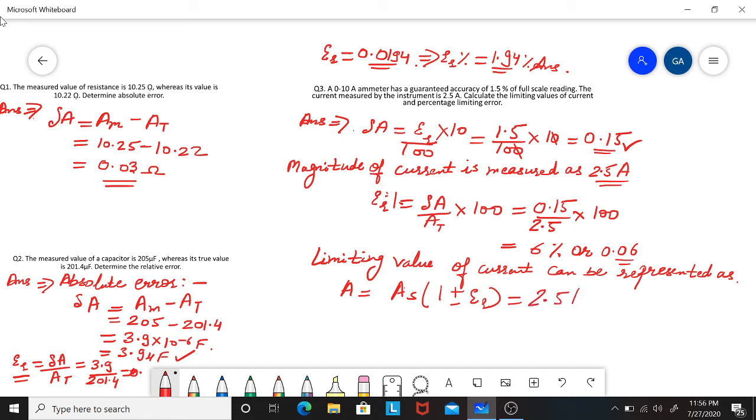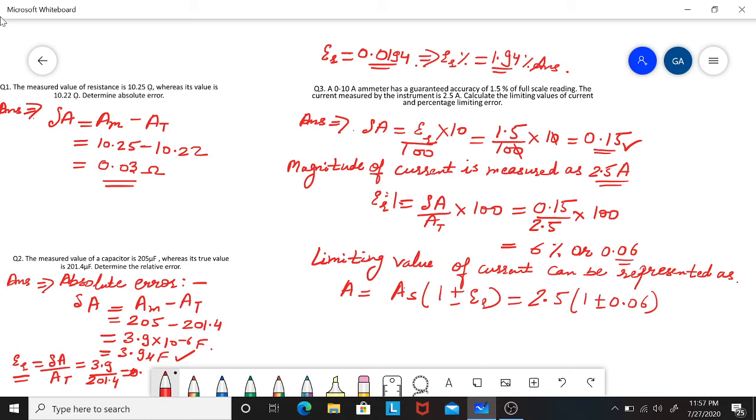The specified value was 2.5, 1 plus minus epsilon r, which was 0.06. If we open the bracket, this is A_s plus minus A_s into epsilon r.